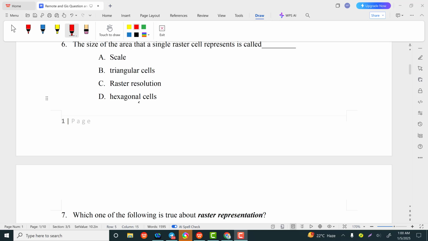D. Hexagonal cell. The answer is raster resolution. Raster resolution means the resolution of a picture element or a pixel. For instance, Landsat has 30 meter by 30 meter spatial resolution. So the size of the area that a single raster cell represents is called raster resolution.